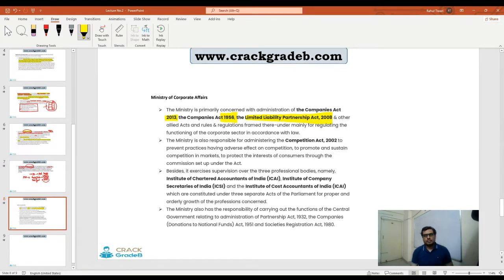Apart from doing the business, accounting is also very important, and we have the Institute of Chartered Accountants of India, ICAI, and another is company secretary, and another is cost accountant.